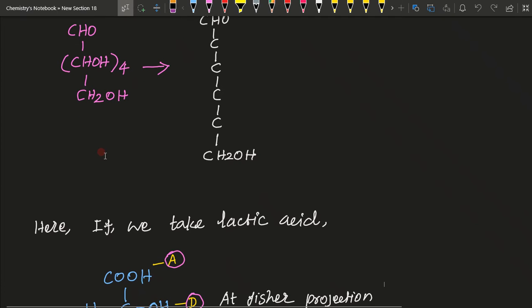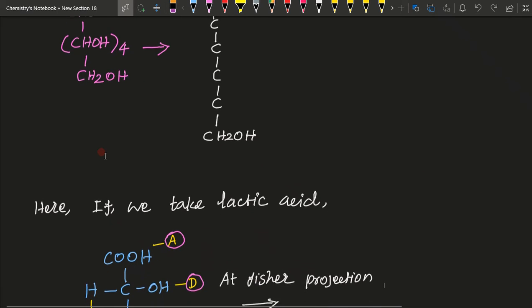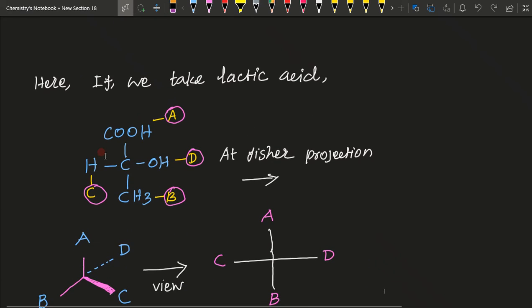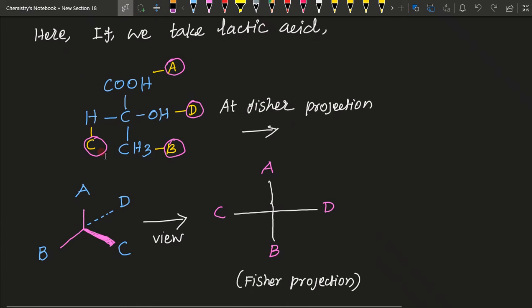Here if we take lactic acid, see the lactic acid: COOH, CHOH, CH3. Give the first priority to the carboxylic acid, COOH group.